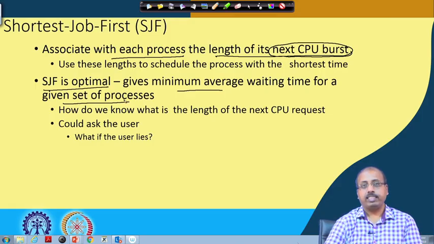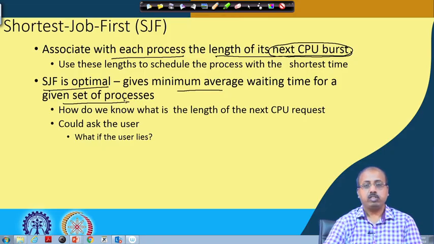That way the process gets a chance at the CPU, and since it is not preemptive, the process will continue till it completes the current CPU burst and goes to the next IO burst. As a result, if a user is lying, we cannot take care of that. We cannot take the process back from the CPU and give it to somebody else.